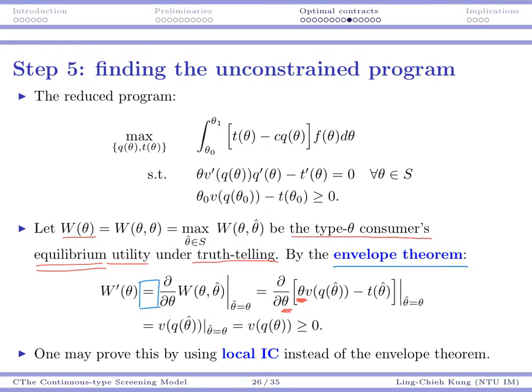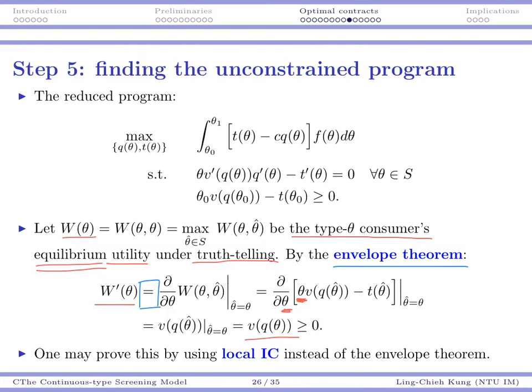So now I have this, and the last step is to plug in theta hat according to our optimal solution. That's this. So I can show that W prime of theta is V of Q of theta. Okay, this must be true as long as I have my IR and IC constraints.